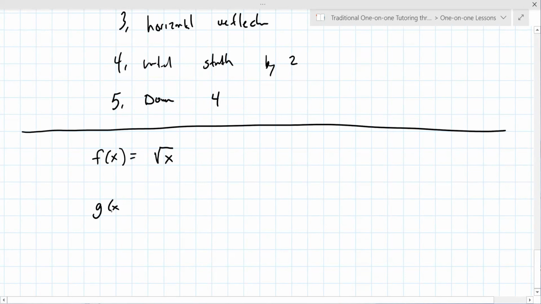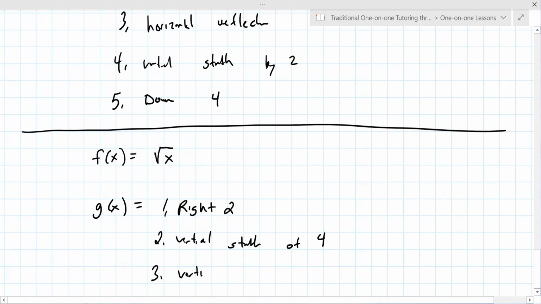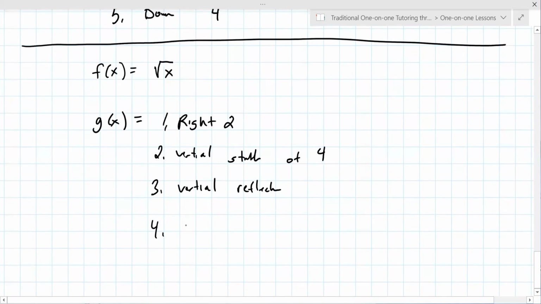And I tell you that g of x has the following: it's right 2, it's a vertical stretch of 4, it's a vertical reflection, and then it's down 5. Could you write the equation with these things in mind? Yes. Okay, give that a try, please.